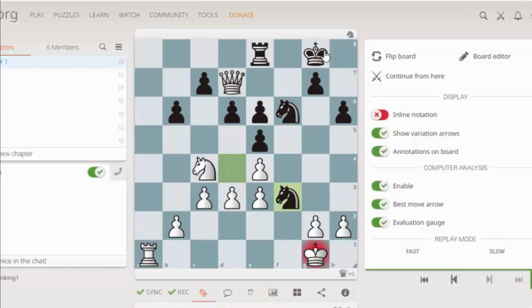And let me capture. That is g2 x f3. Okay. That is Nf6 x Qd7. Okay.